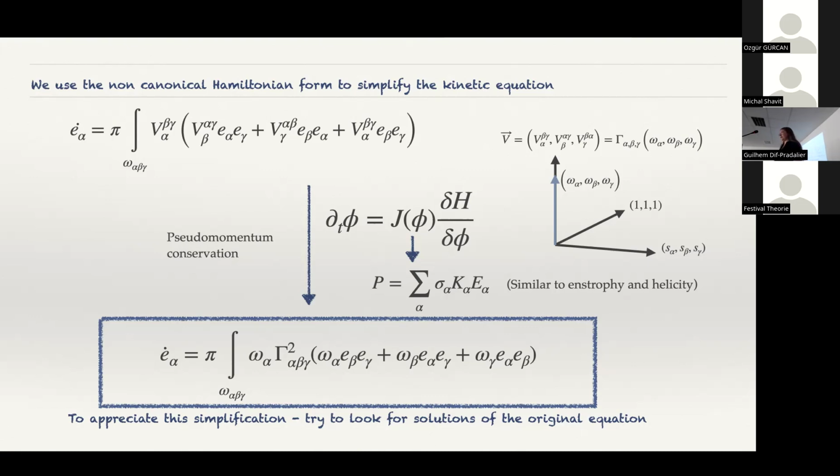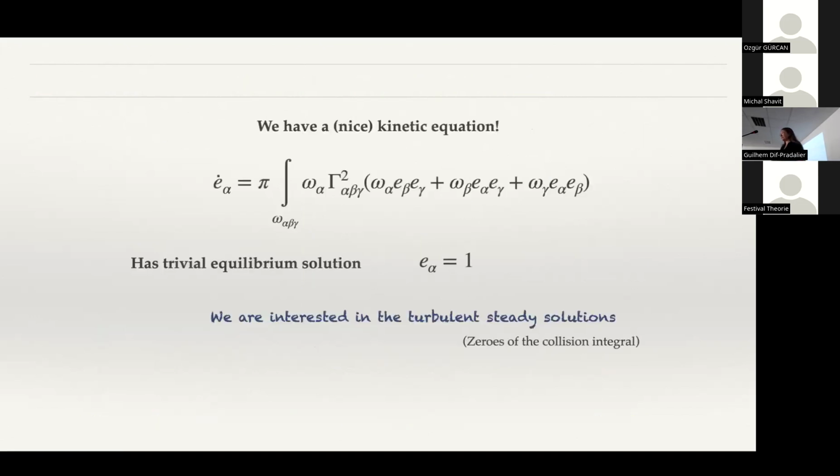I know that now you cannot really appreciate the simplification, but you can try to look for solutions of this equation with respect to this one. This one is much nicer. Okay, so we completed the first stage of the problem. We have a kinetic equation. It's more or less simple, except for being non-isotropic. And now we want to find solutions.